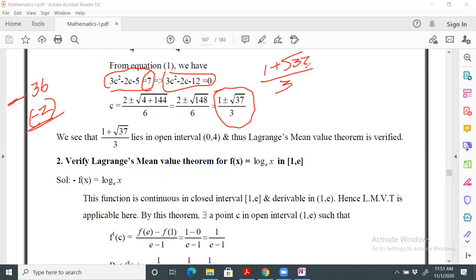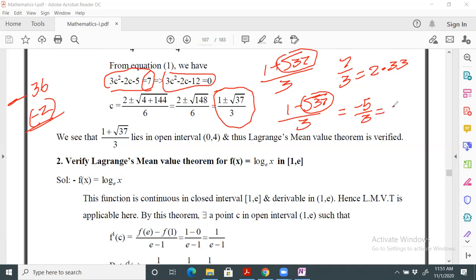Root 36 is 6, and I am treating root 37 as approximately 6. Then 6 plus 1 is 7, and 7 by 3 is approximately 2.33. In the same manner, 1 minus root 37 by 3: taking root 37 as 6, 1 minus 6 is minus 5, and minus 5 by 3 is approximately minus 1.66.